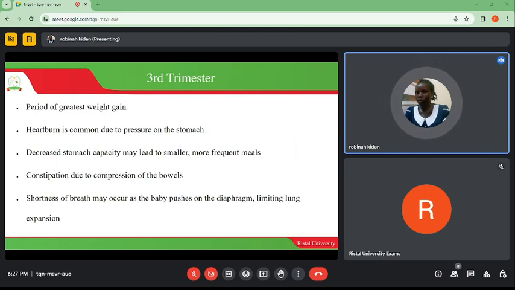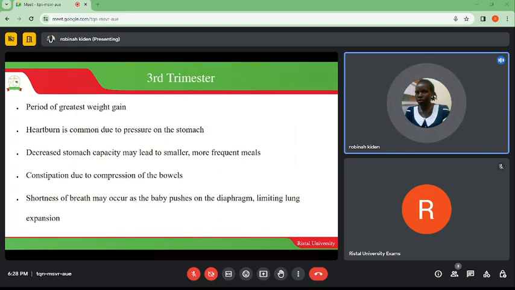The weight gain of the mother is also there, but the weight gain of the baby now leads to expansion of the uterus, which presses on the stomach, and because of that, the sphincter of the stomach opens, and the acidic content of the stomach moves into the esophagus, and because of that, it gives the mother heartburn.